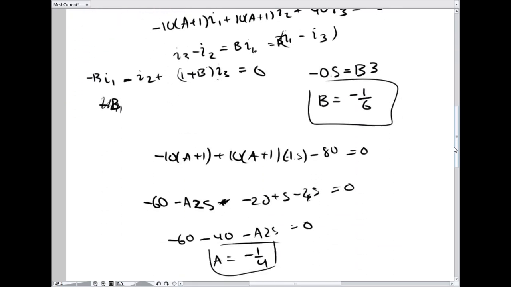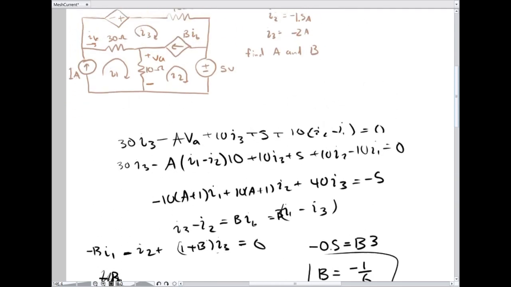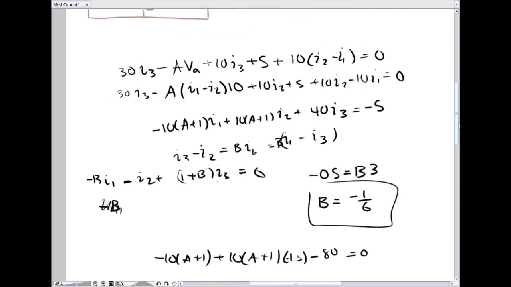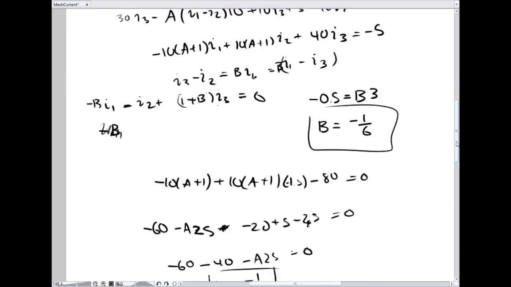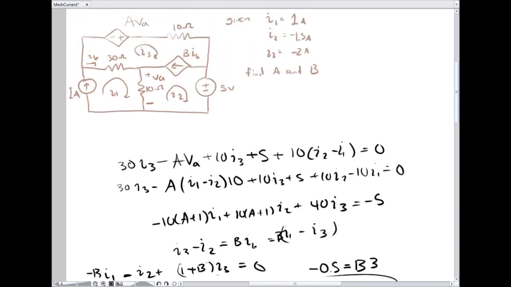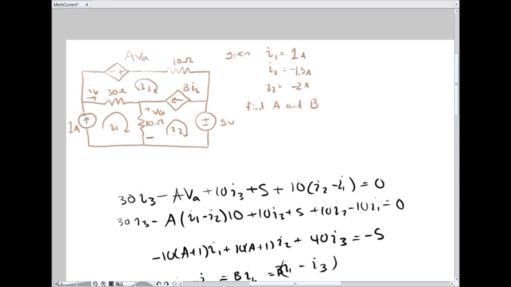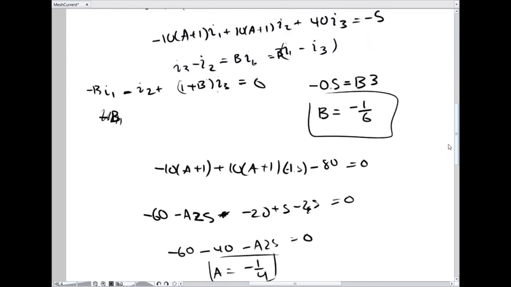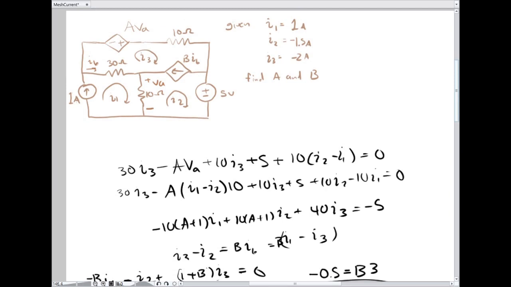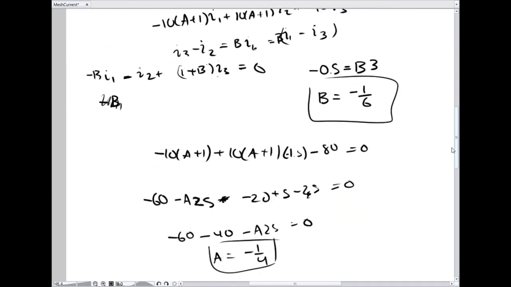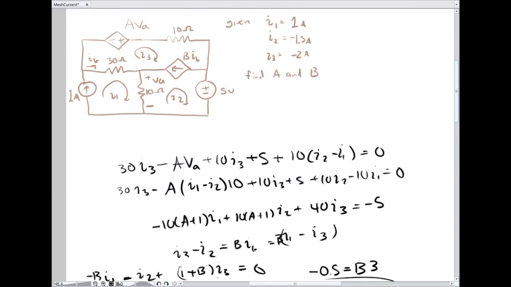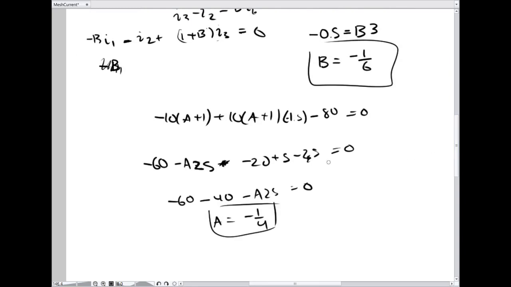Let me look at that one more time. So minus 60 minus A times 10 times I1 minus I2, which is 2.5, so minus A times 25, plus minus 20 plus 5 plus 10 times, and the same thing switched, so minus 2.5, which is minus 25.